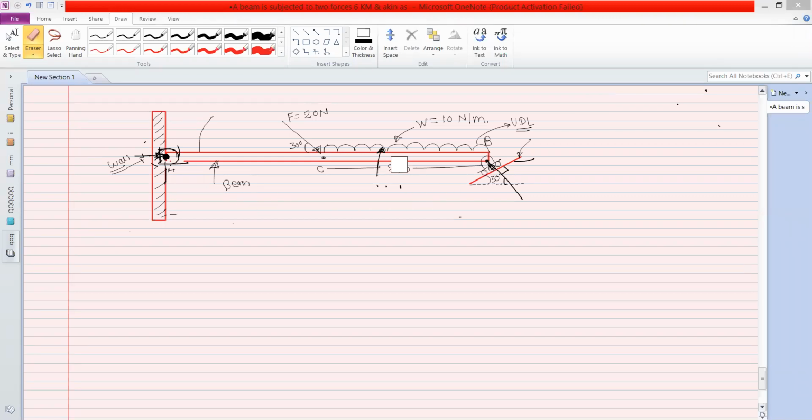So this is the problem that was given as homework during the last lecture. In this problem, a beam AB is supported with the help of a hinge joint at point A and a roller joint at point B, which is shown in the figure.